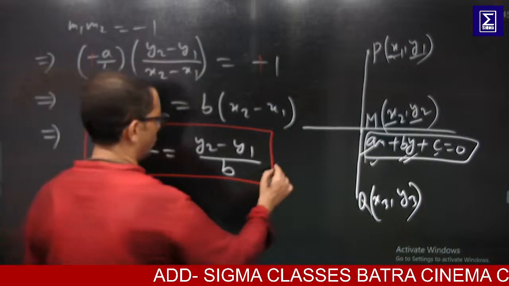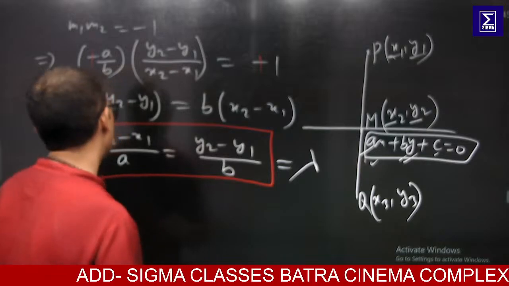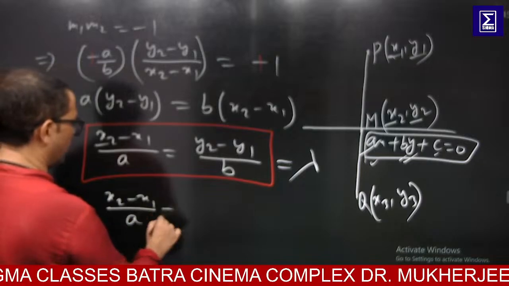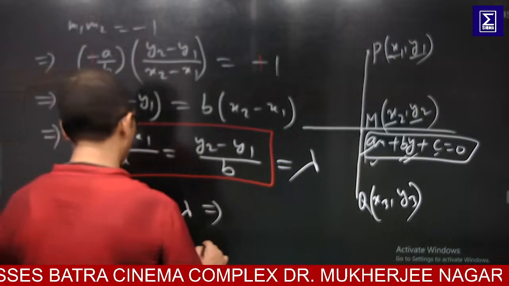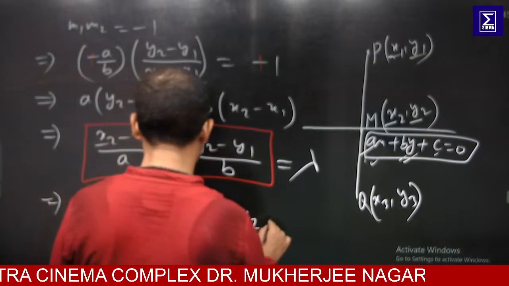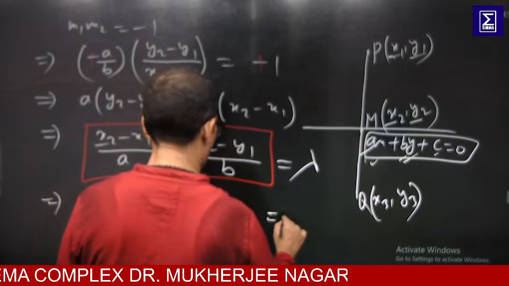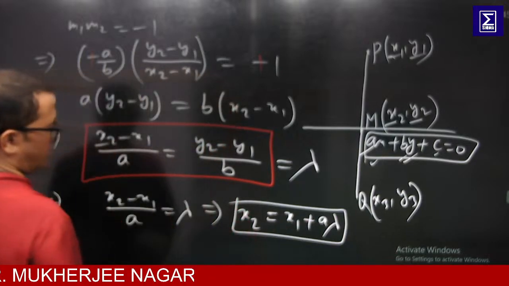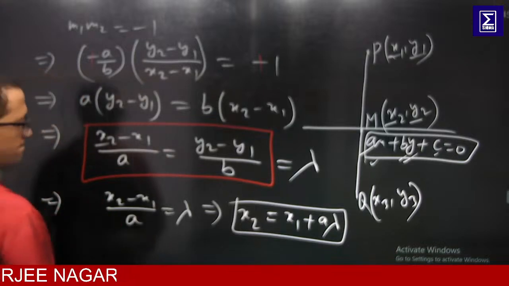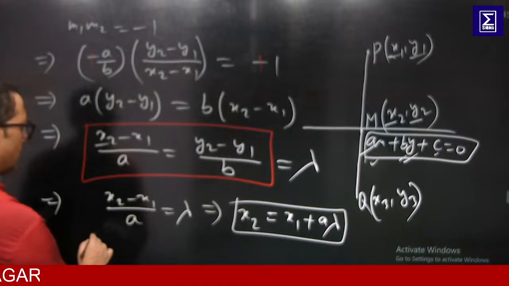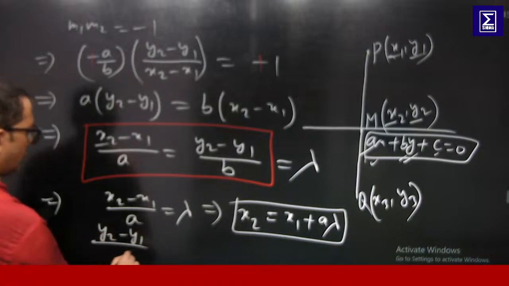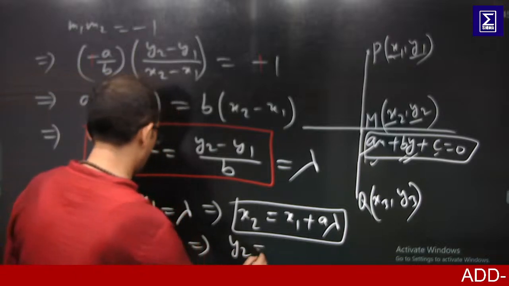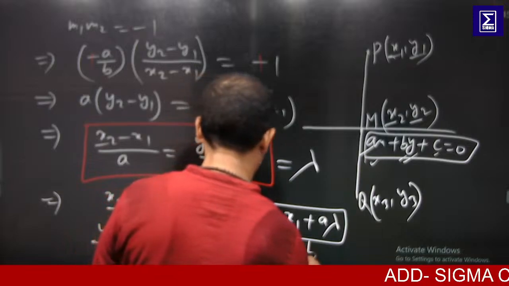So let this ratio be equal to lambda. So if you do the cross multiplication, x2 minus x1 upon a is equal to lambda, and it implies x2 is equal to x1 plus a lambda. In a similar way, if we find y2 minus y1 upon b is equal to lambda, so y2 is equal to y1 plus b lambda.